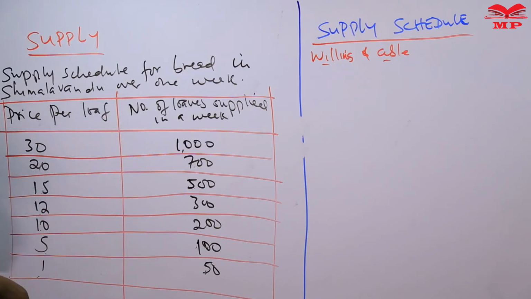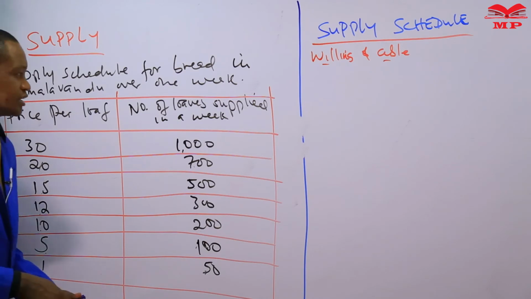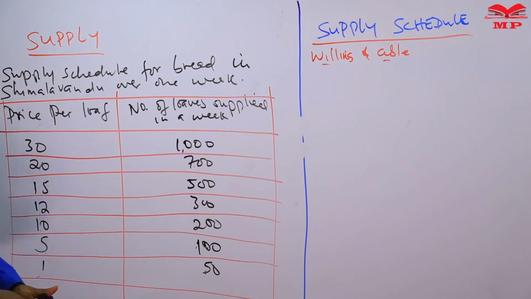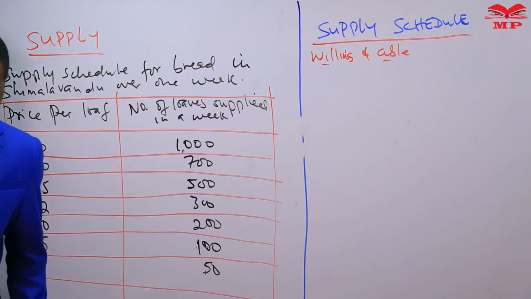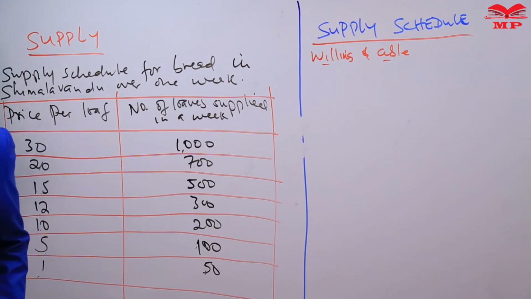It is a table that shows the quantity that suppliers are willing and able to offer for sale in the market at a given price over a particular period of time.